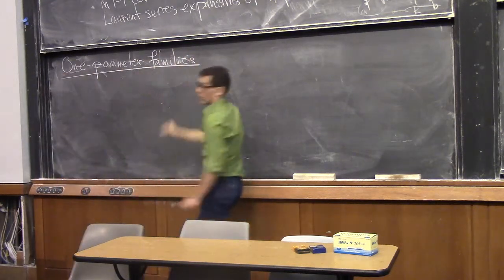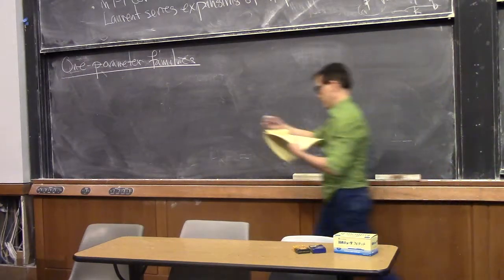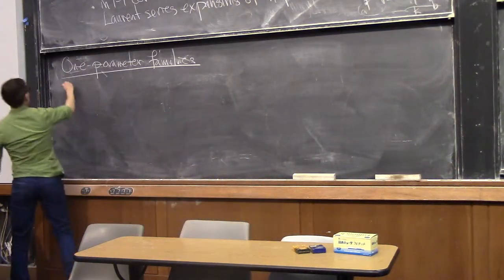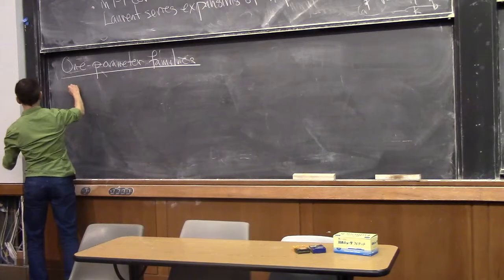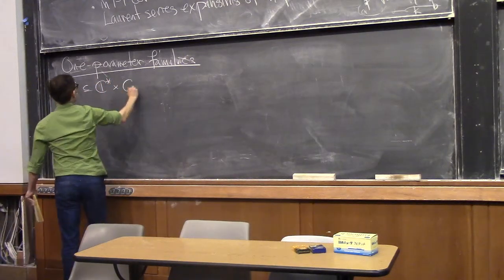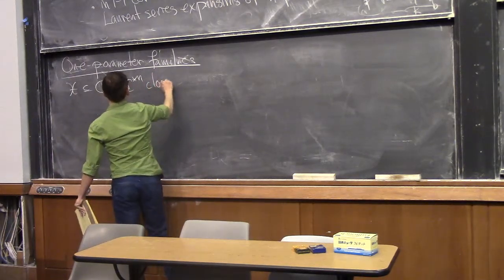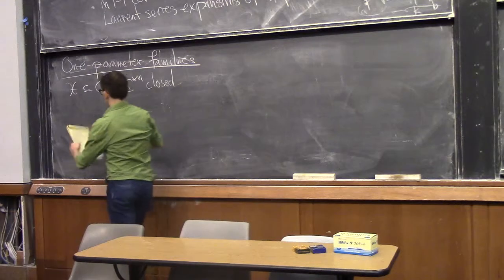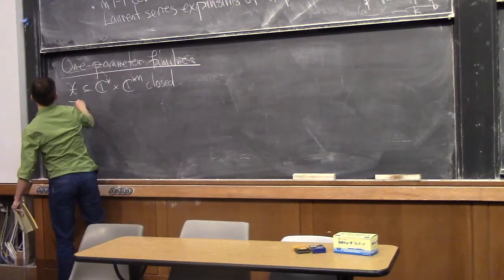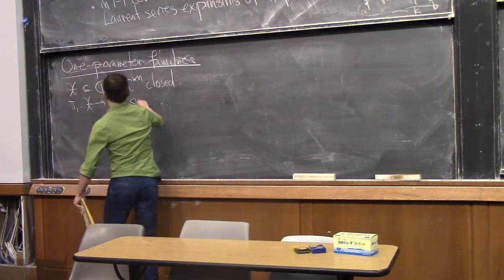Let's look at a slightly more general setup. We have one-parameter families. It's also not the most general case, but we have X inside C star cross (C star)^n. So I have a closed subvariety, and I'm assuming that the projection onto the first factor is surjective.